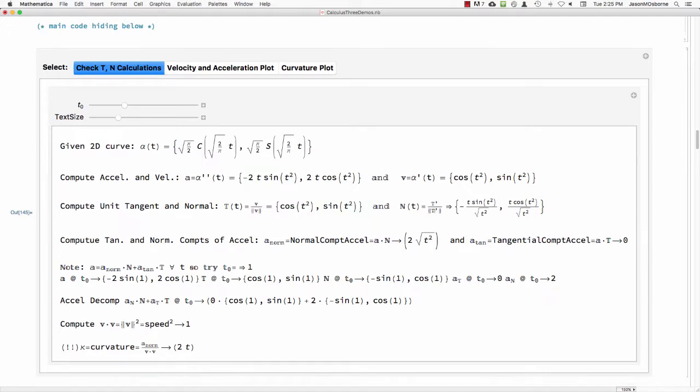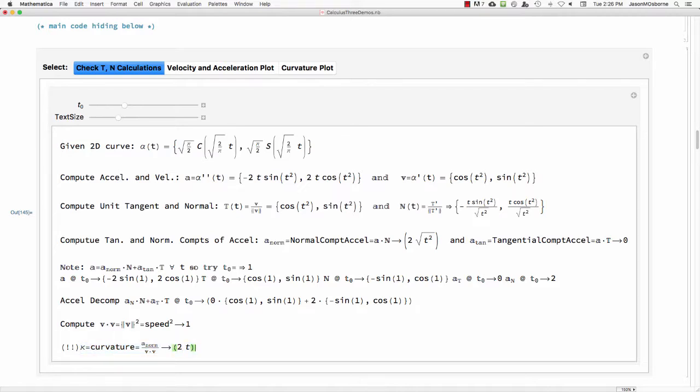And then you can check the tangential and normal components. If you take the acceleration dotted with the tangent vector, you get 0, and a dotted with n, you get 2t.